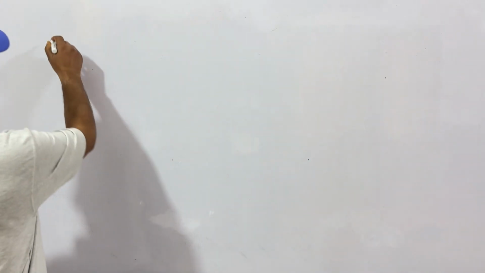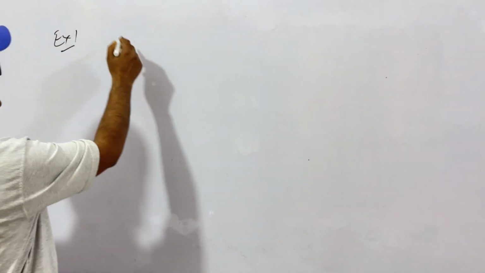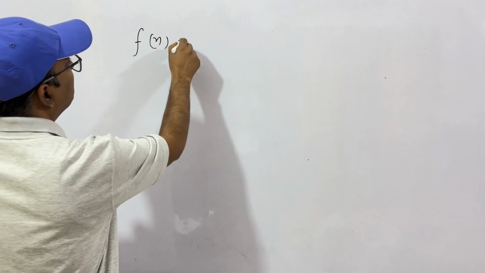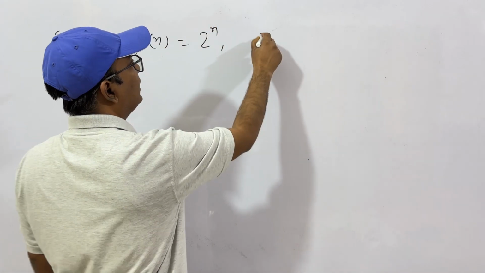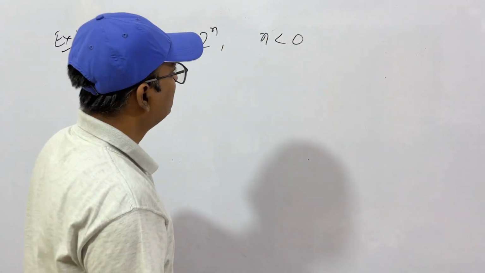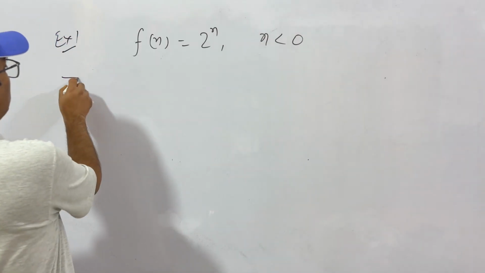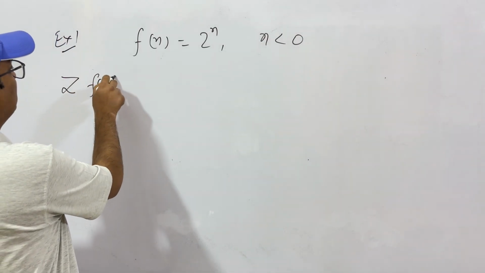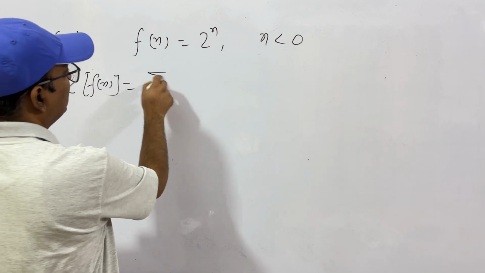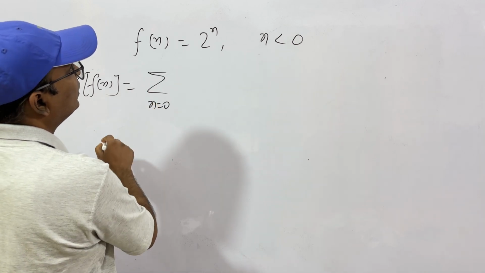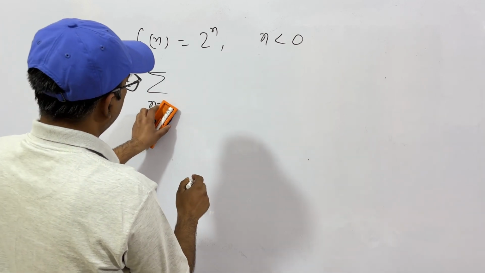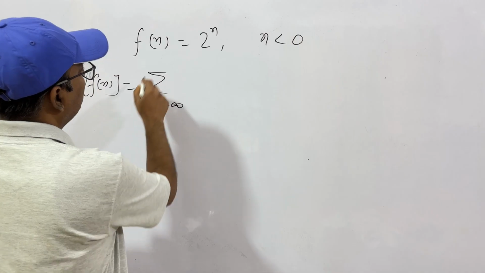Let's see the first, simple example. The function is 2 to the power n for n less than 0. Up till now we had seen only n greater than or equal to 0. Now let's see n less than 0. What will be the Z transform of fn? By definition, will it be n equal to 0 to something?